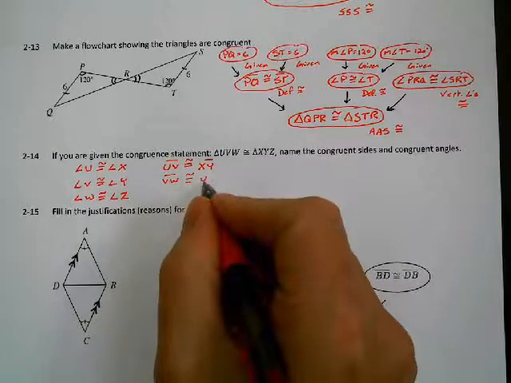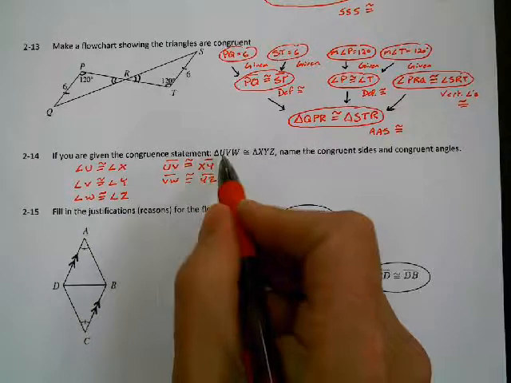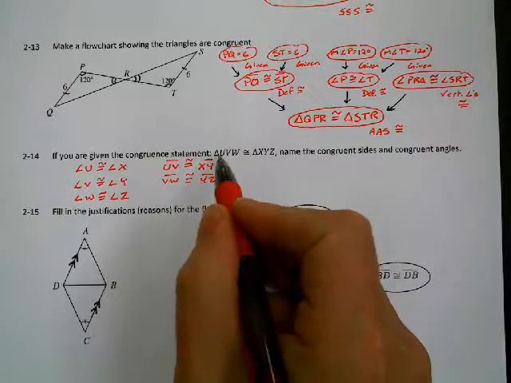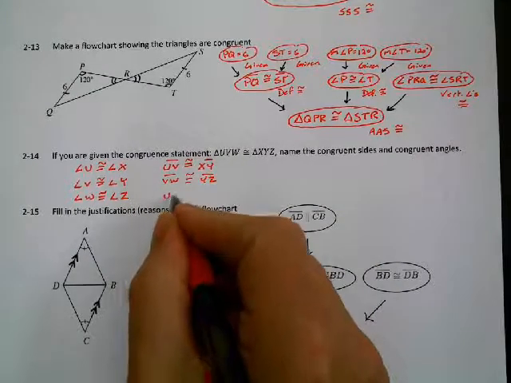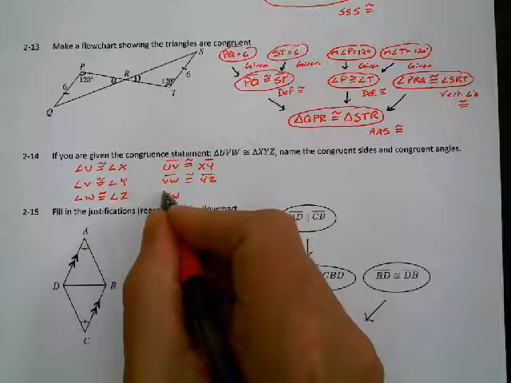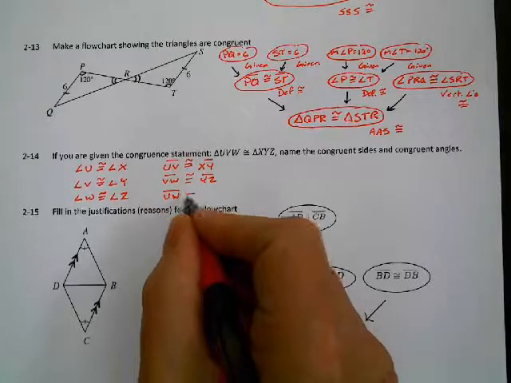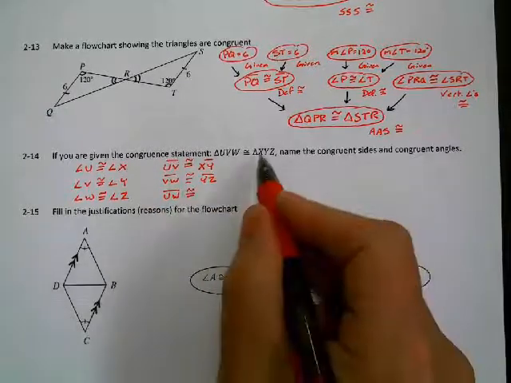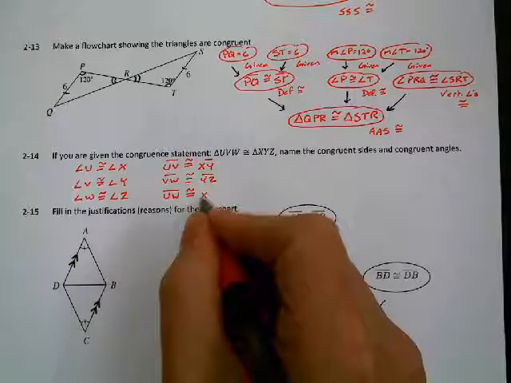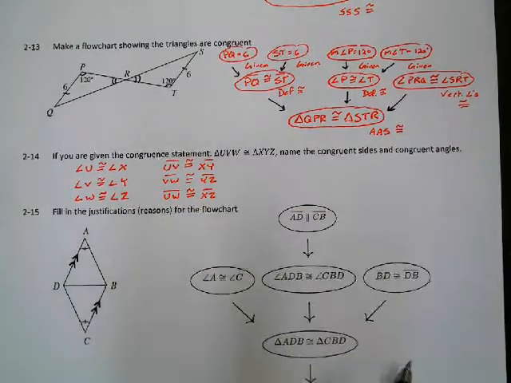And finally, the last side would be the first and the last letter, UW or WU. Remember, when you do sides, it doesn't matter which order you put the two letters in. And then XZ. Okay, so based on the congruence statement, we can figure out all three sides that are corresponding and all three angles that are corresponding.